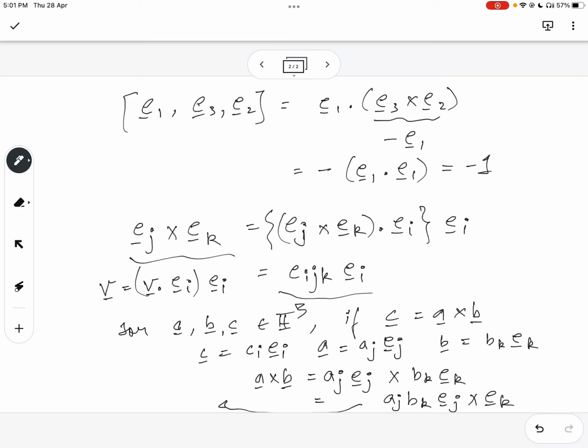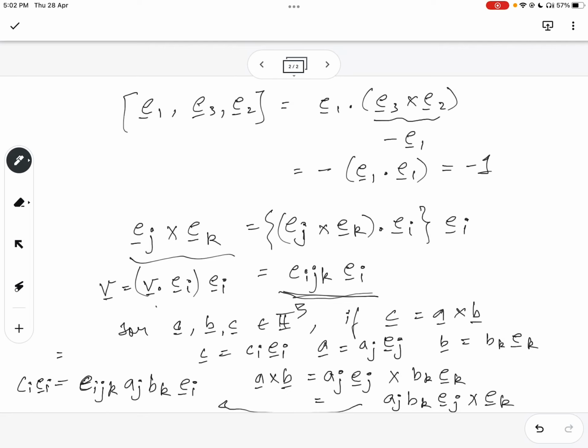I write it here. That means that using this definition, we can write it as epsilon Eijk Aj Bk Ei, and this is equal to Ci Ei.